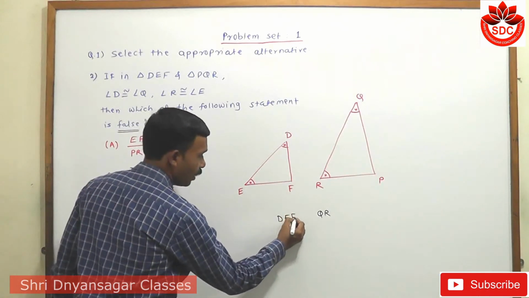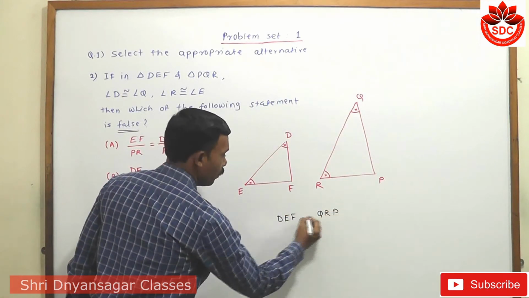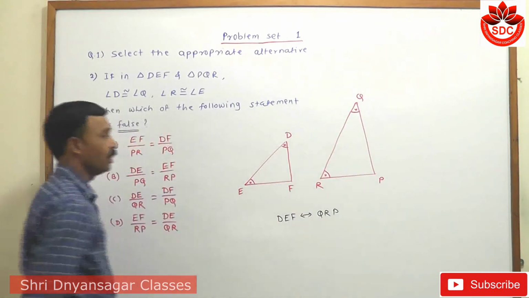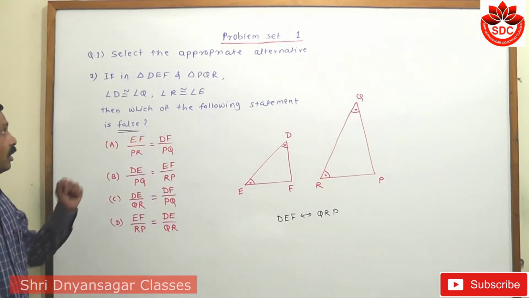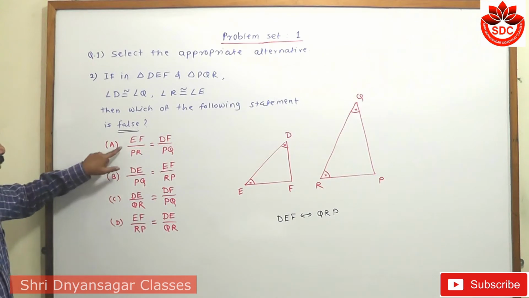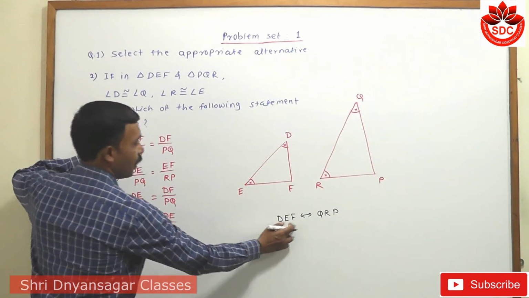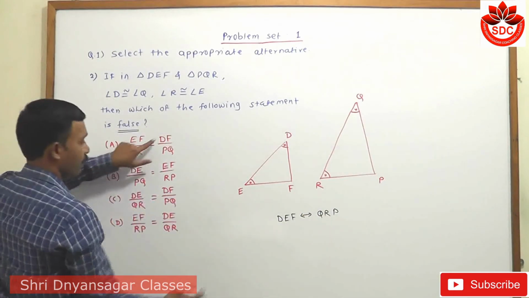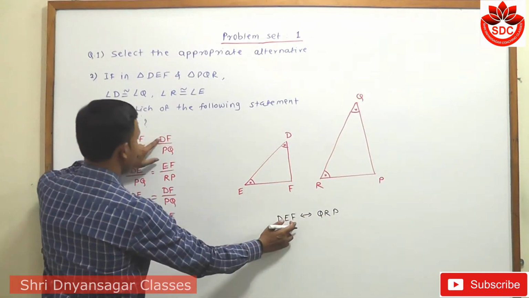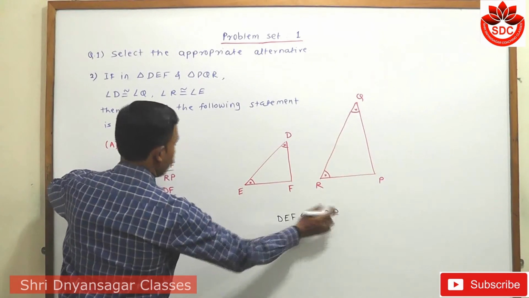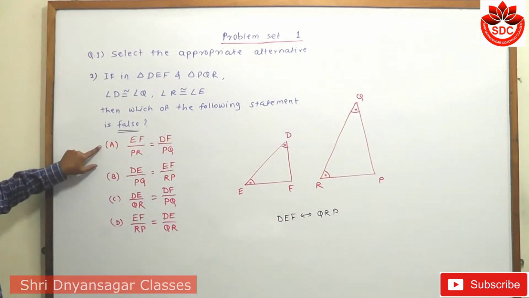Means that DEF and QRP, this is 1:1 correspondence between the vertices of the two triangles. Now observe carefully, EF upon PR, second and third; DF, first and third, upon first and third. Means that this is true.